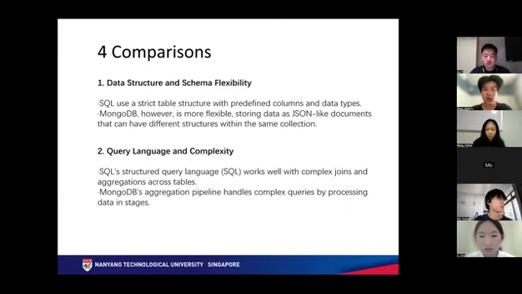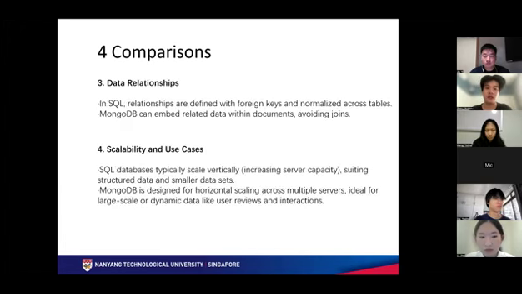MongoDB's aggregation pipeline handles complex queries by processing data in stages. For question 12, it classifies travelers and issues dynamically with count and groups, simplifying operations on nested or irregular data without requiring joins.